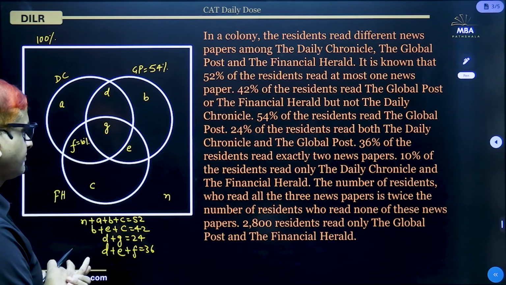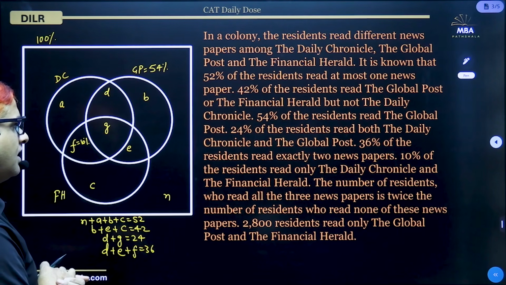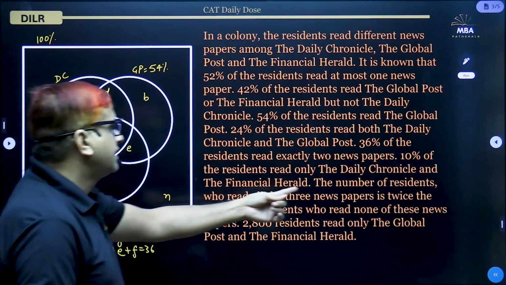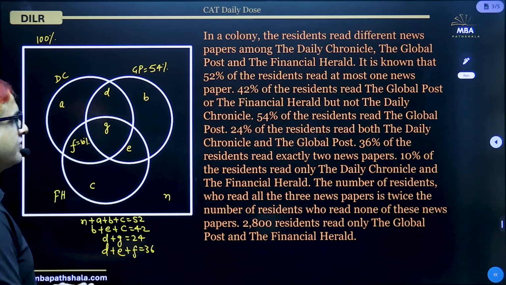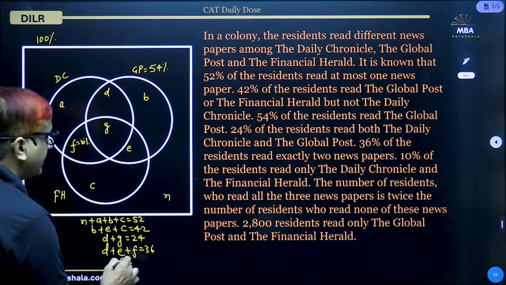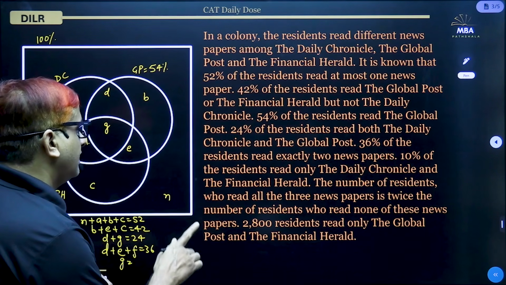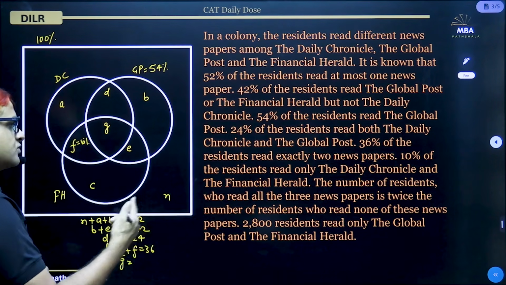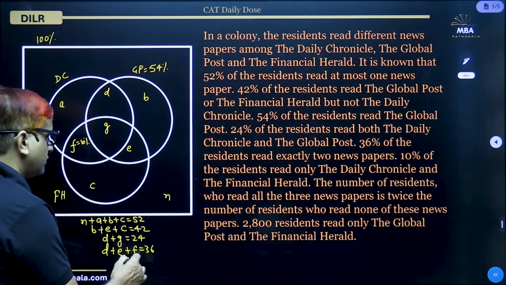And the number of residents who read all the 3 newspapers, that is G, is equal to twice the number of residents who read none. So this is equal to 2N.